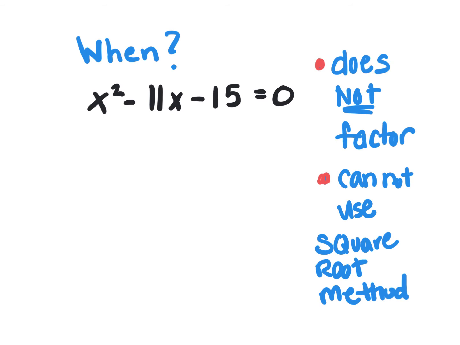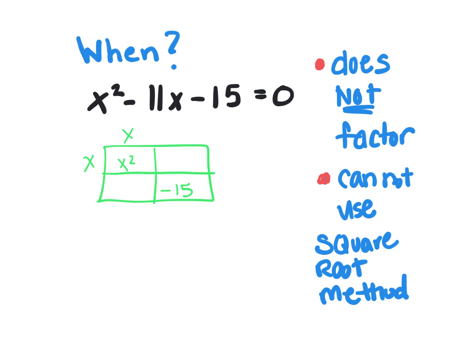So if I tried to factor x squared minus 11x minus 15, x times x, my negative 15 would mean that this would be either negative 1 and a positive 15, or 1 and a negative 15, or negative 3 and positive 5, or positive 3 and negative 5.